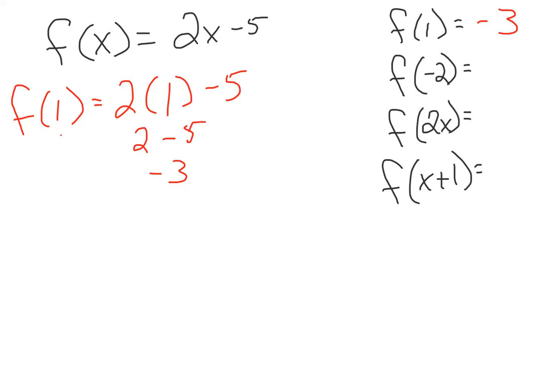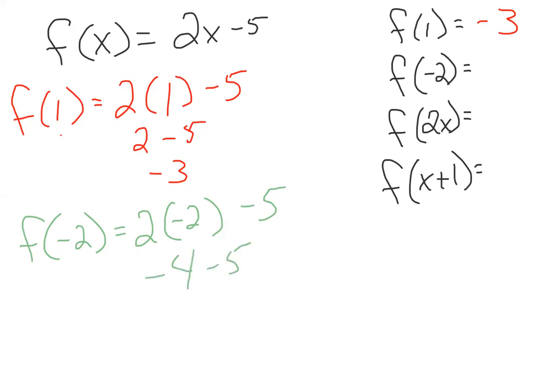Next one, F of negative 2. Again, wherever I see an X, I put a parentheses and backfill with the number. 2 times negative 2 is what? Negative 4. And the minus 5 drops. Negative 4 minus 5 gives me negative 9. So F of negative 2 equals negative 9.